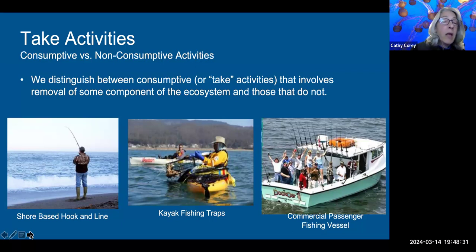You have someone standing on the beach with a fishing pole. We would call that shore-based hook and line. In the middle, we have a kayaker, and he looks like he has a crab trap. And on the right is a commercial vessel taking people out for maybe halibut or salmon fishing. And again, those are 3 different examples of take activities. Next slide.